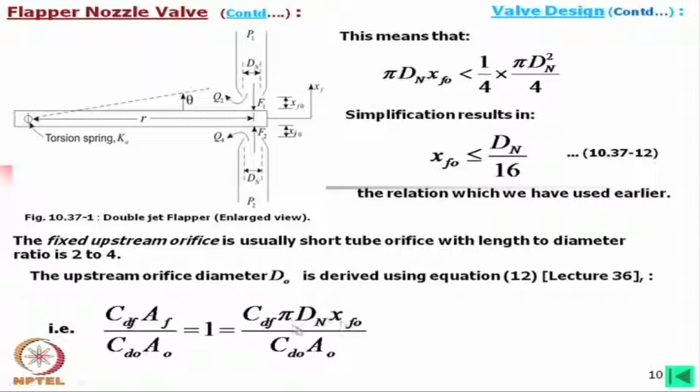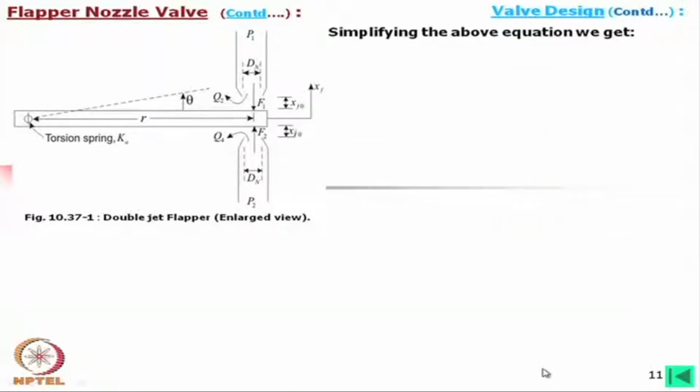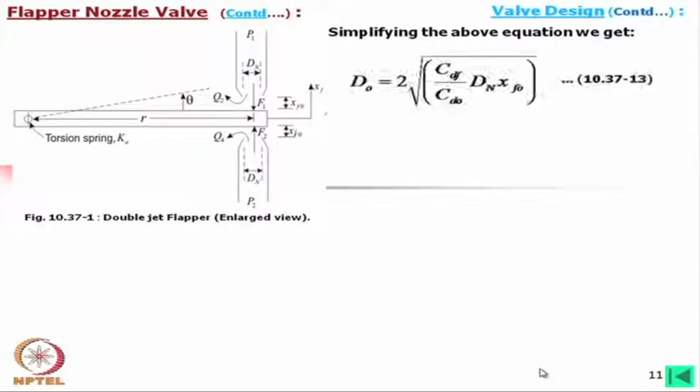Simplifying the above equations, we get d0, the fixed orifice diameter, equal to 2 root over CDF by CD0 into dn x f0. dn is the diameter of this nozzle.